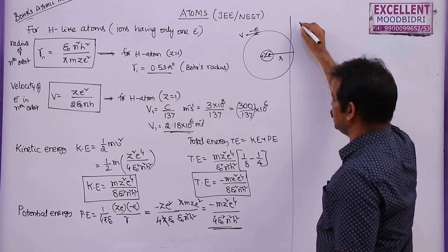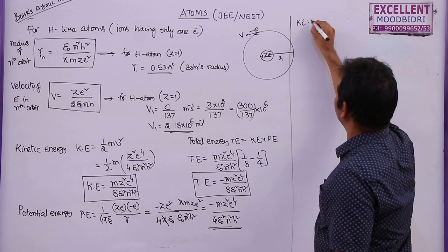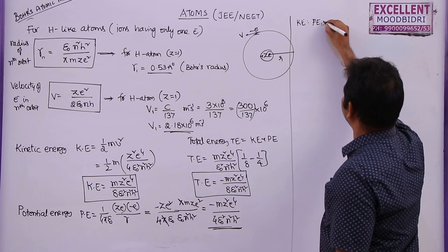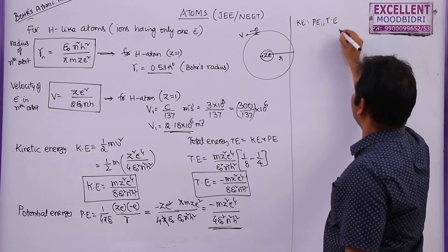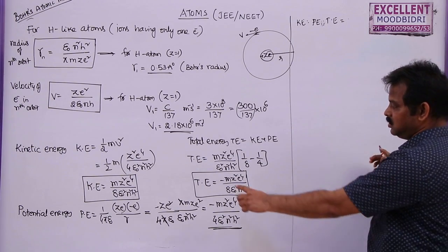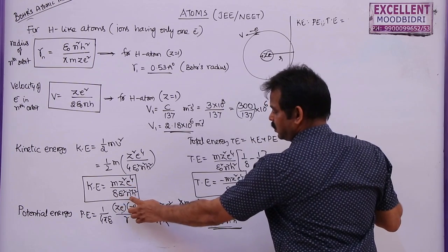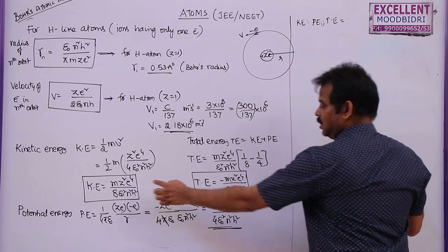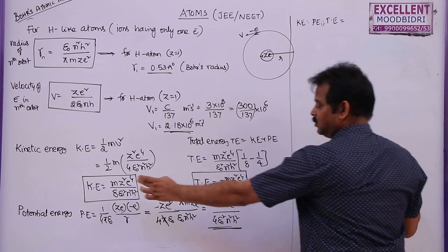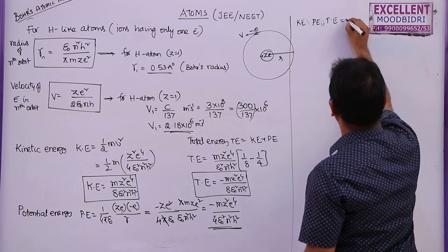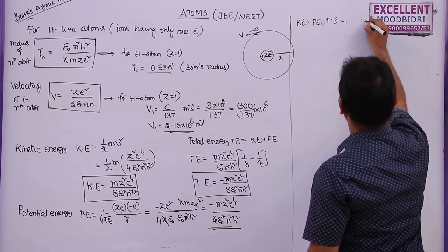So here you can see the ratio of the energies KE to PE to TE. KE is m Z square e power 4 by 8 epsilon naught square n square h square. For total energy you will get the same expression, but KE is positive and TE is negative. So if kinetic energy is 1, the total energy will be minus 1.